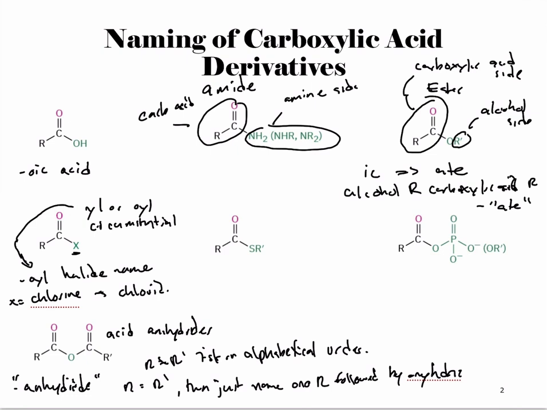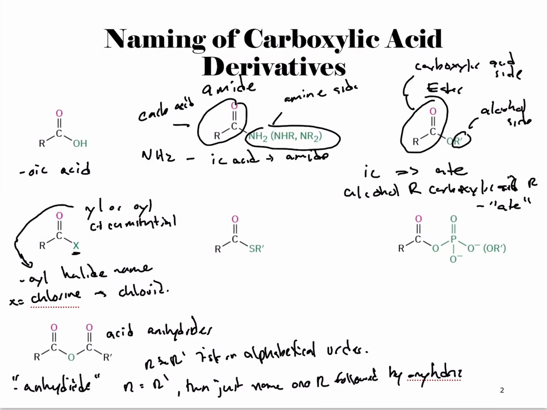And so if it's just an NH2 group, then we just replace the ic ending of the carboxylic acid with an amide ending. So if we have benzoic acid, it goes to benzamide, or if it's hexanoic acid, it goes to hexanamide.